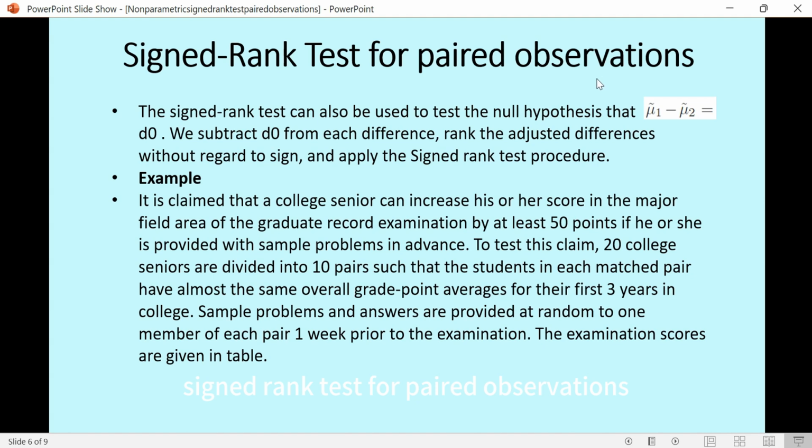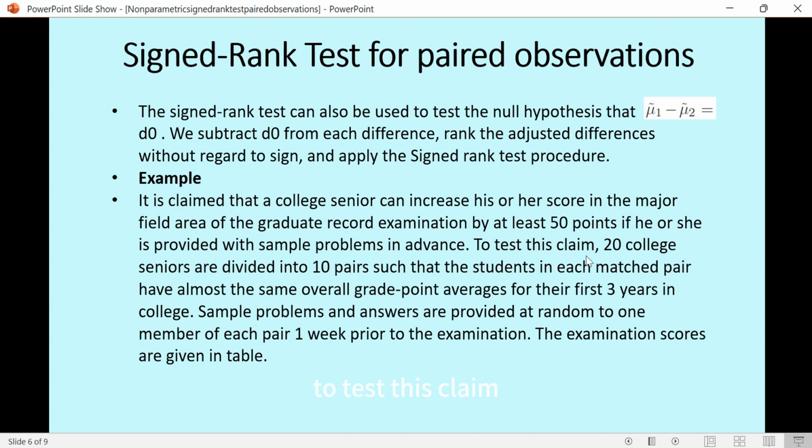For paired observations, it is claimed that a college senior can increase his or her score in the major field area of the Graduate Record Examination by at least 50 points if he or she is provided with the same sample problems in advance.